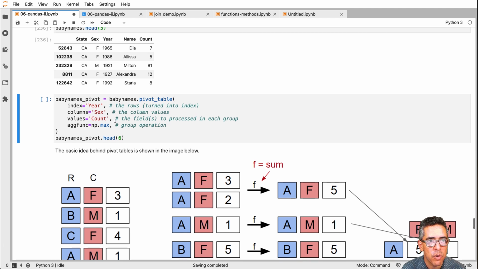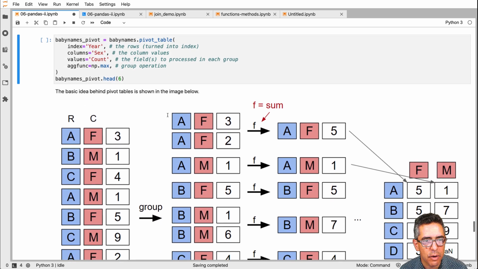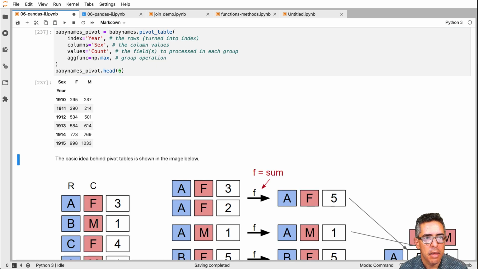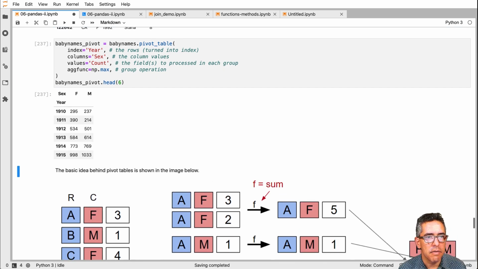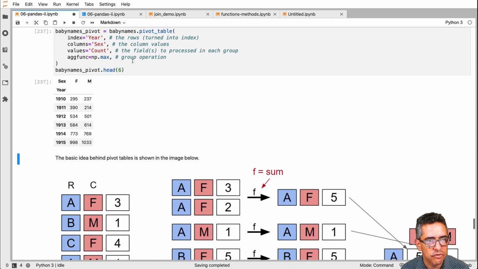So if we want our rows to be the year and our columns to be the sex, and then we want to add up the counts, this is how we would express it. And in this case, we have now constructed in one single call exactly the information that we were after.